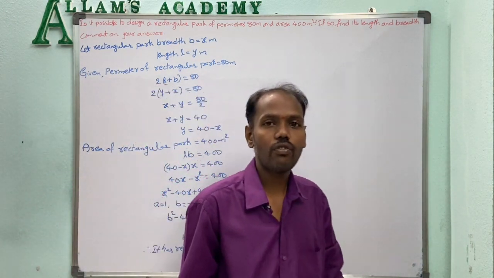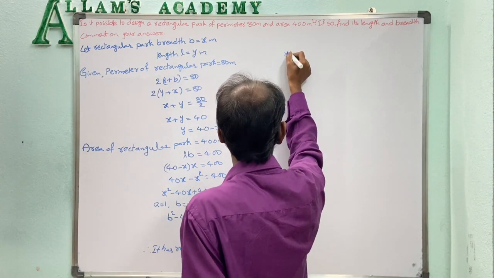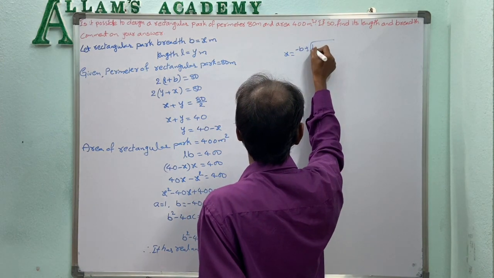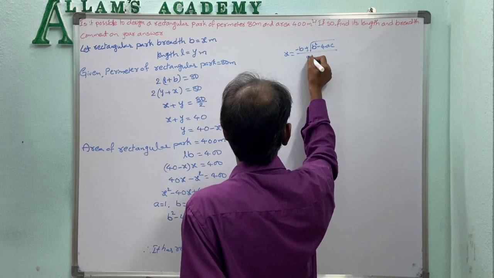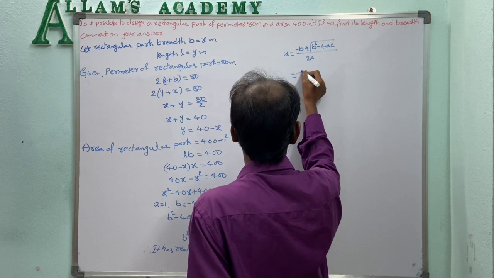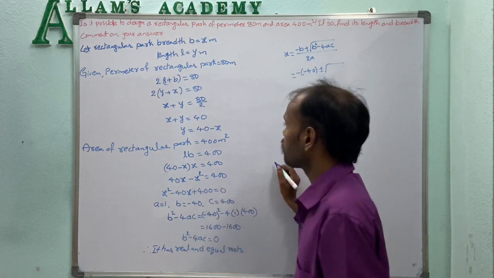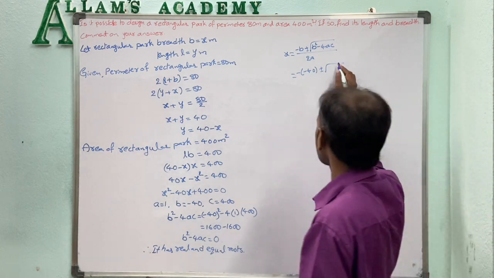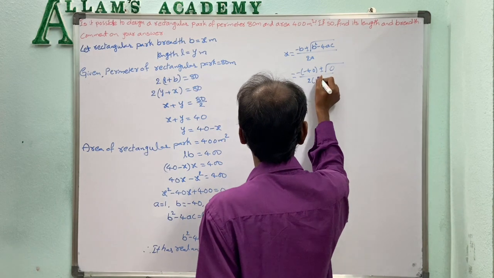So by the quadratic formula, finding the roots, x equals minus b plus or minus under root b square minus 4ac by 2a. Here b is minus 40, and b square minus 4ac is 0, by 2 into a, where a equals 1.